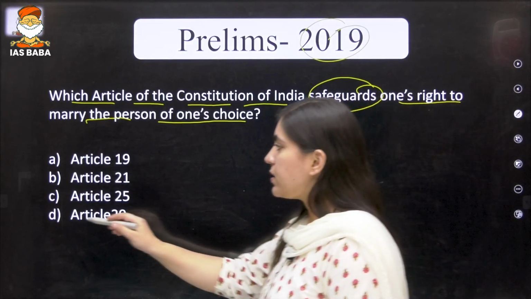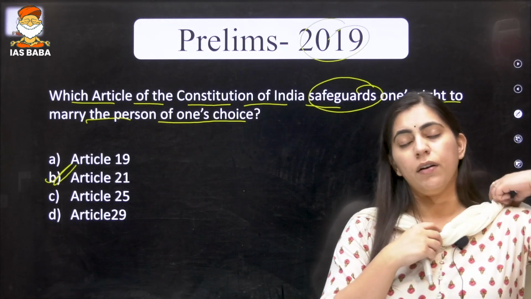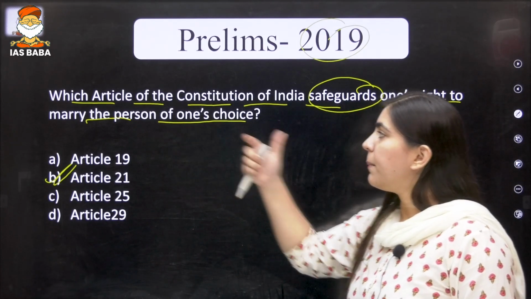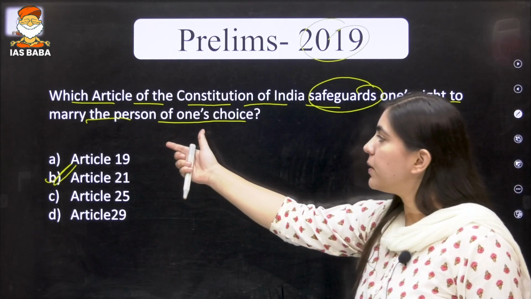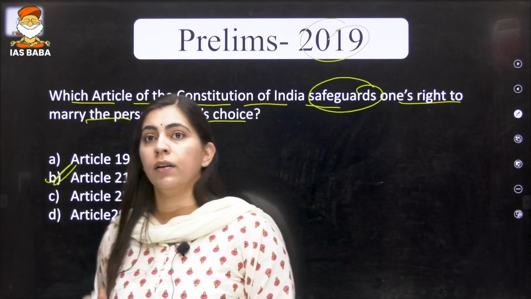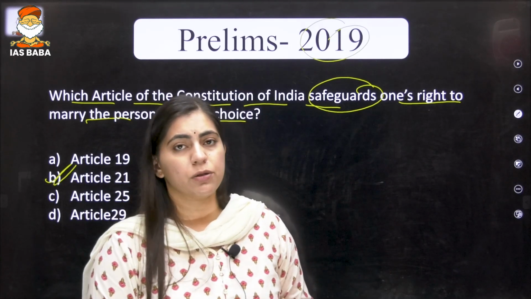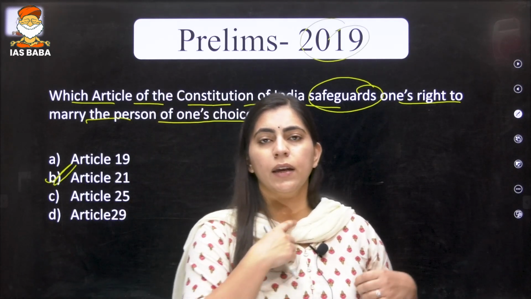So the correct answer here is Article 21; in India you have the right to marry the person of one's choice. Is it clear? This particular right under Article 21 was included by the judgment of the Supreme Court in the Shakti Vahini case.